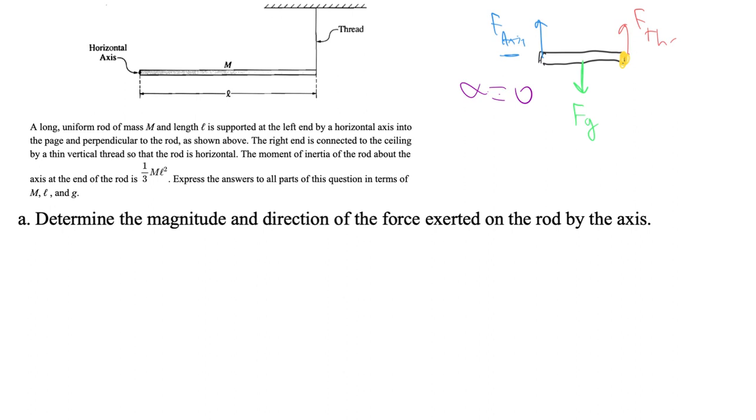So we have something like the torque due to the axis plus the torque due to gravity about that axis, although I'm going to note that it's in the opposite sense, so I'll put a minus sign there. And that has to equal I alpha, but alpha is 0, so that equals 0.